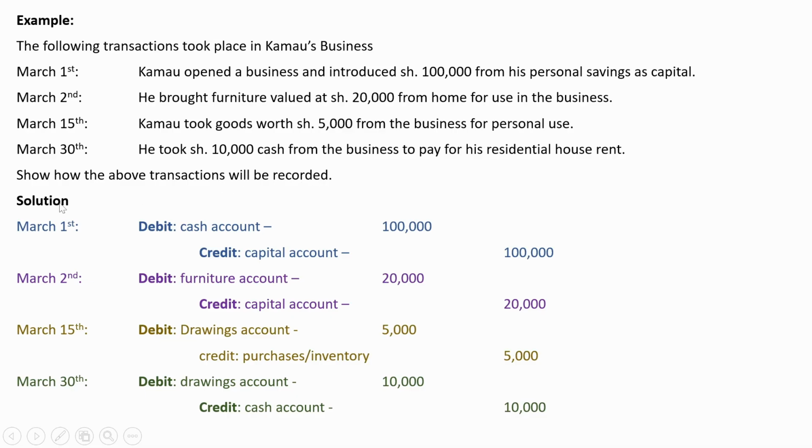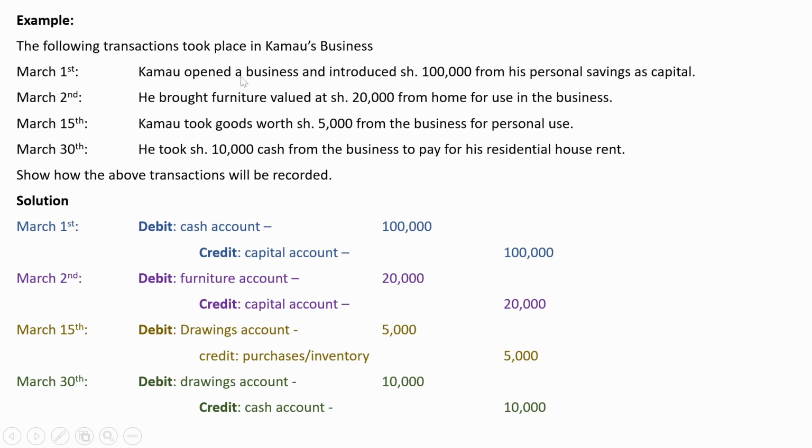So this is the solution. We are going to look at the example one date after another. So let us start with the first date. That is March 1st. Kamau opened a business and introduced 100,000 from his personal savings as capital. So this one is very simple.